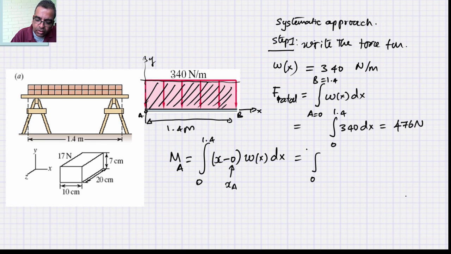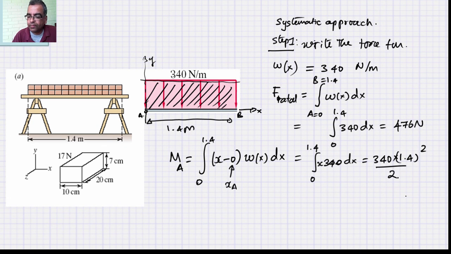Integral from 0 to 1.4 of x times 340 dx, which turns out to be equal to 340 times 1.4 squared over 2, which turns out to be, how much is that? 1666 over 5 Newton meters.